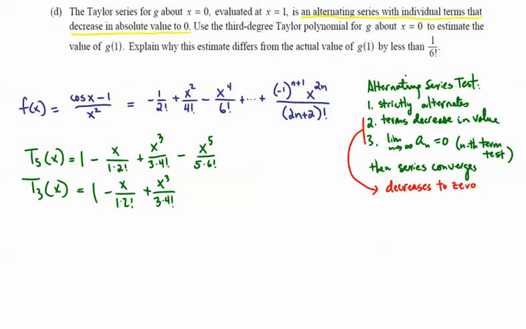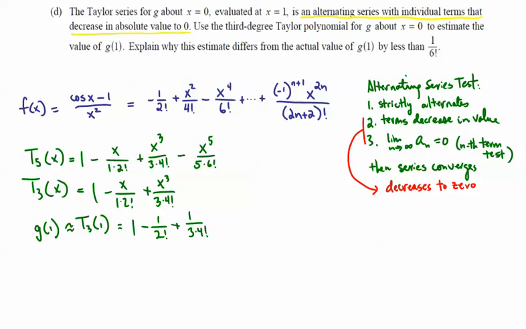So G of 1 is roughly equal to t sub 3 of 1. We're just going to plug in 1 for x. We get 1 minus 1 over 2 factorial, which is just 2, plus 1 to the third, which is 1, over 3 times 4 factorial. And we can leave this in factorial notation. That's no problem. So that is our estimate of G of 1.